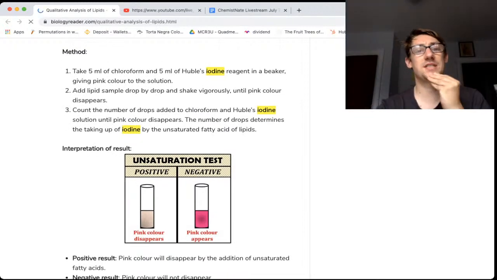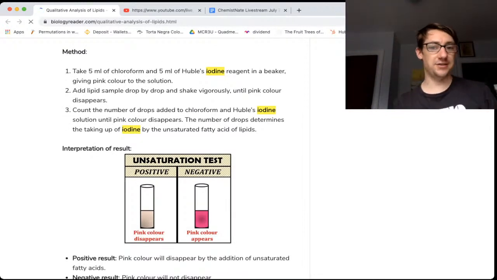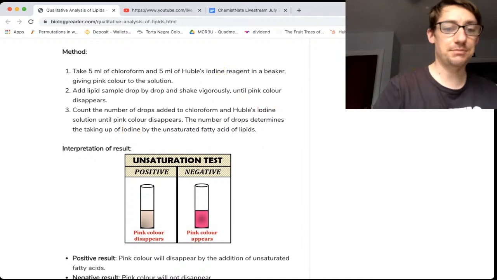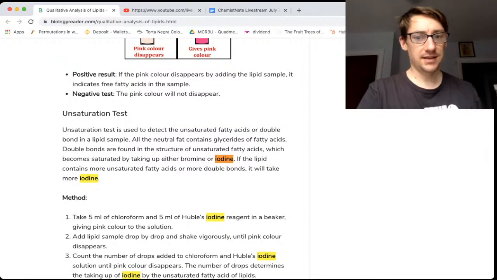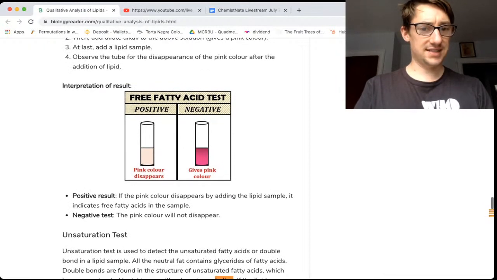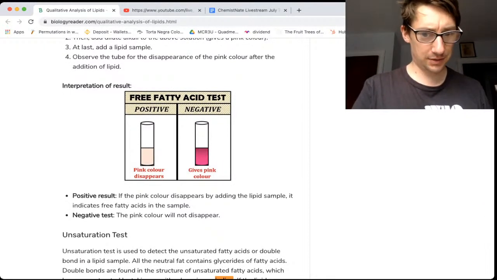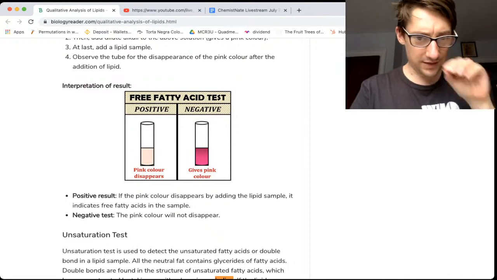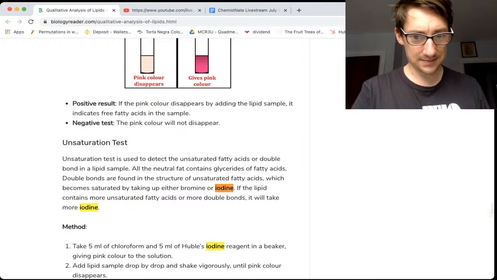Okay, so it seems to me that the iodine test requires some kind of reagent that produces a pink color. I'm very unsure what would cause that, but perhaps it's the sodium thiosulfate that all of these seem to say.